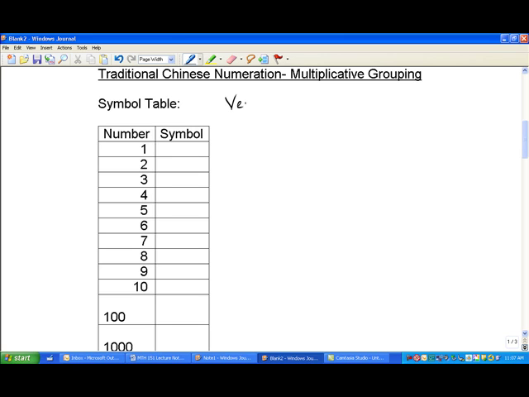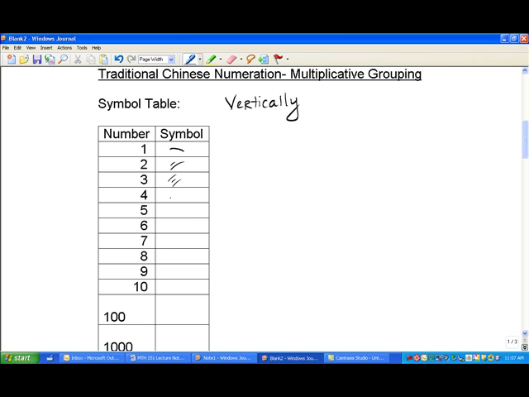These numbers are written vertically. And again, you're going to have to enter the symbols in your notes because I didn't transfer that. The symbol for 1 is just a little line. And 2, we have 2 lines. 3 looks like 3 little lines.